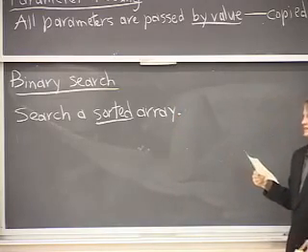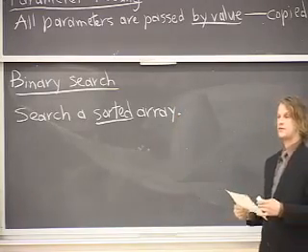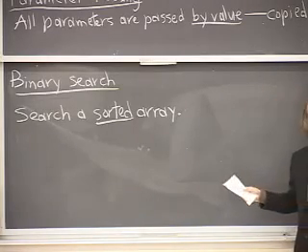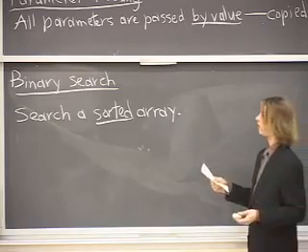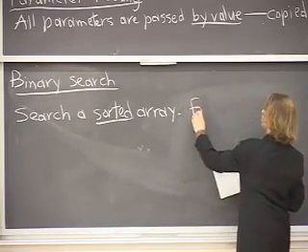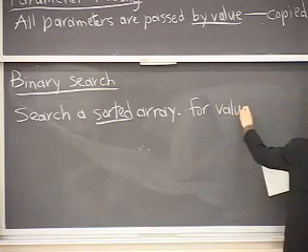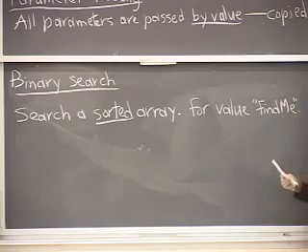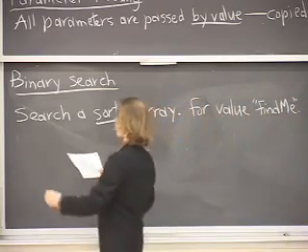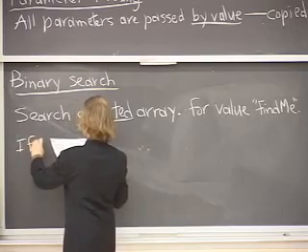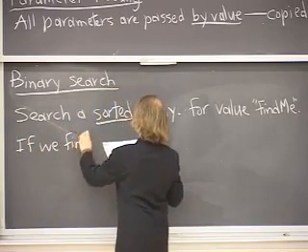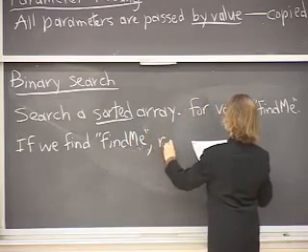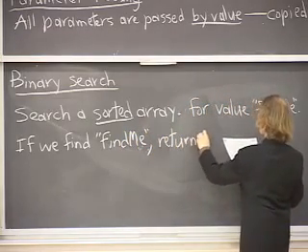And so, for instance, for our example here, we won't use the phone book. We'll just use an array of ints because it's nice and simple. And suppose we have just a simple array of ints, and we want to search it for a value that I will call find me in the code. And what I want my binary search to do is, if we find me, then we want to return its array index so that we know where it is in the array.